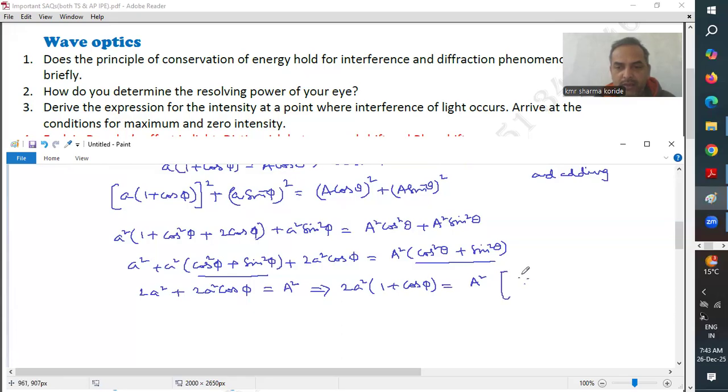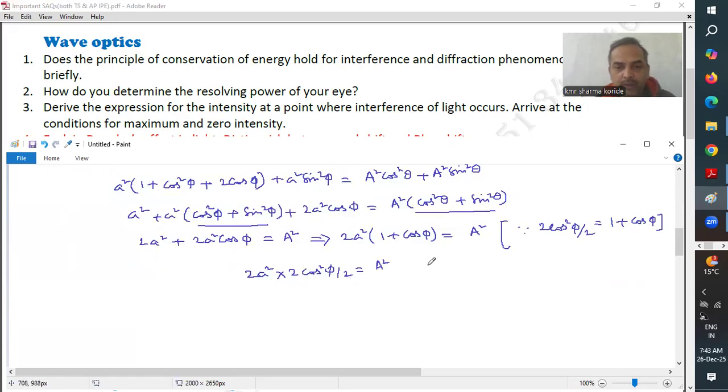We all know that 1 plus cos phi can be written as 2 cos squared phi by 2. So let us substitute that: 2A squared into 2 cos squared phi by 2 is equal to A squared.